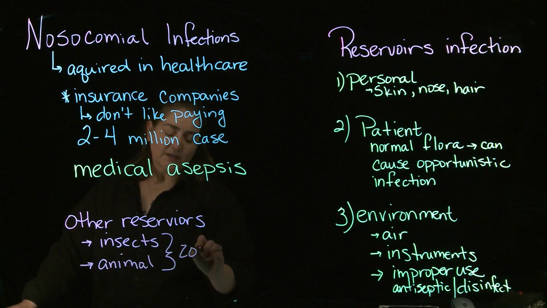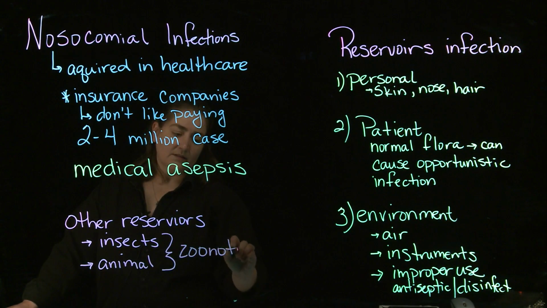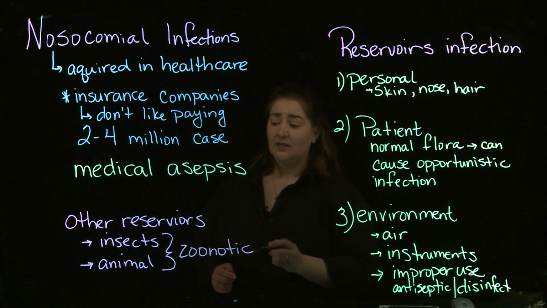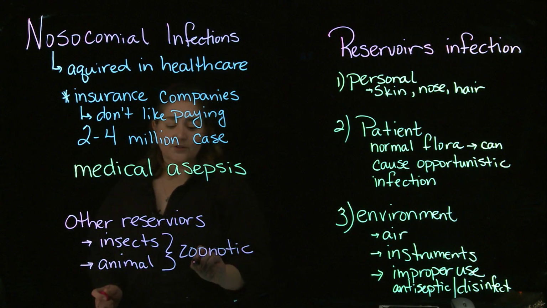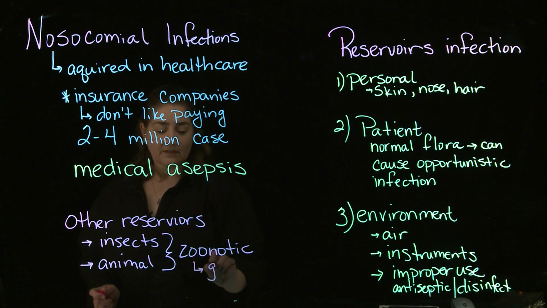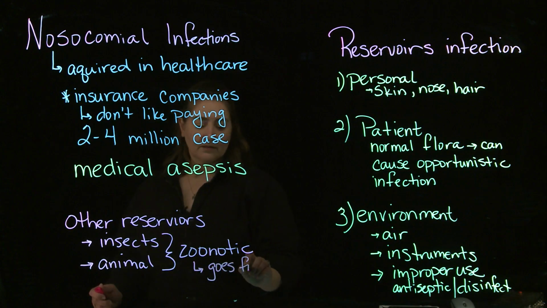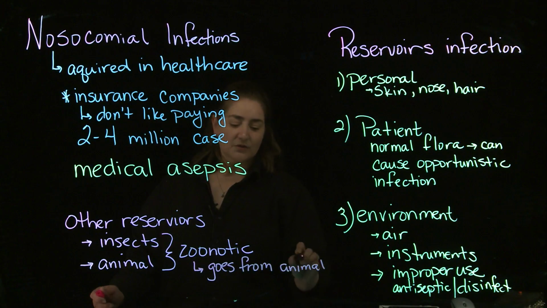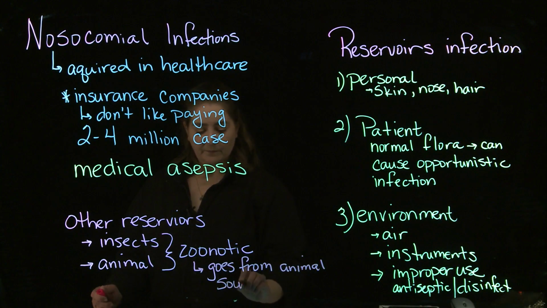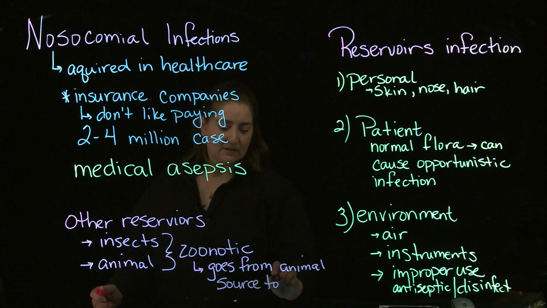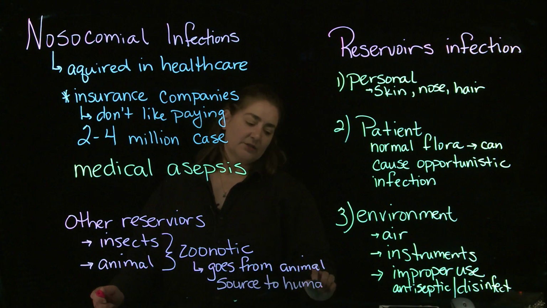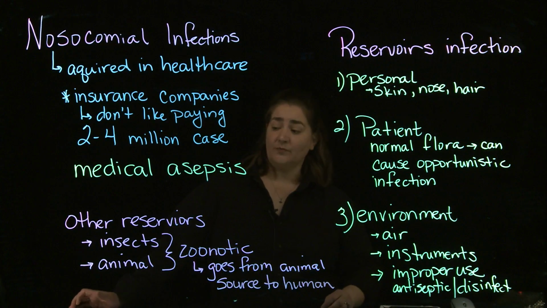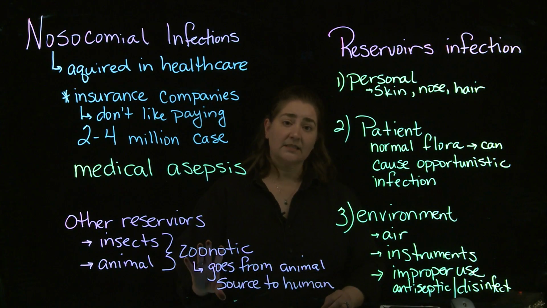This is going to be an example of something that's a zoonotic disease, all right? A zoonotic disease as far as transmission is going to go from an animal source to the human population.